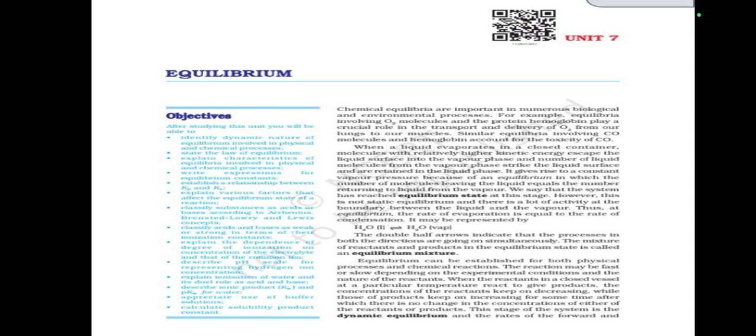When the reactants in a closed vessel at a particular temperature react to give products, the concentrations of the reactants keep on decreasing while those of products keep on increasing for some time, after which there is no change in the concentration of either the reactants or products.